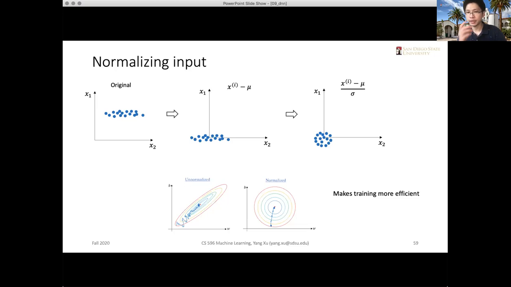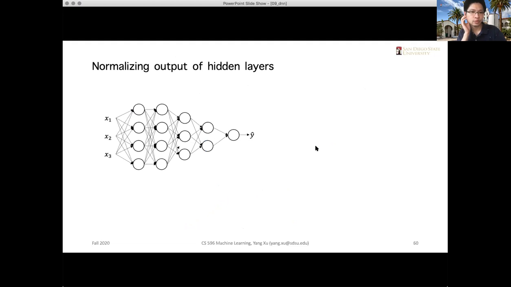We already know that this is quite necessary to train a model efficiently. And we basically want to normalize not just the inputs, but also the outputs from each hidden layer, right? If you normalize the inputs, then why not also normalize the outputs from those layers?